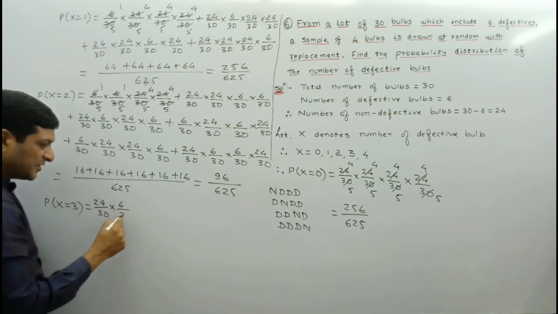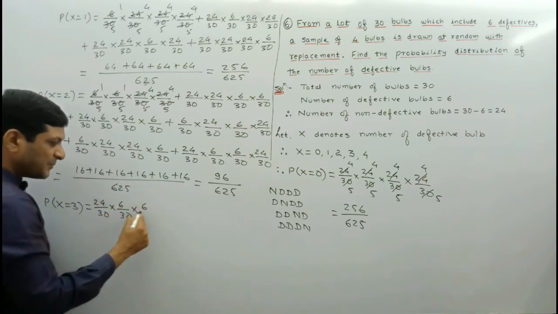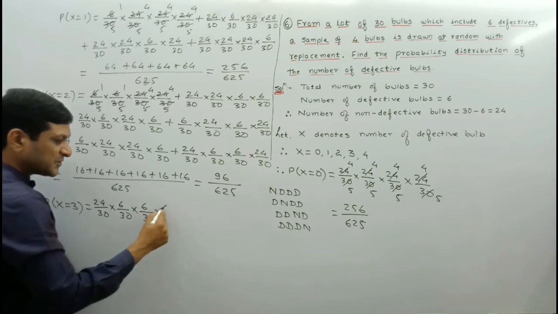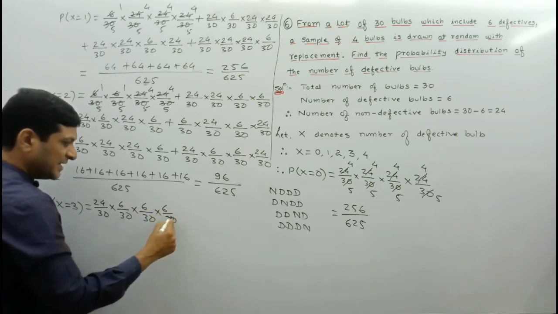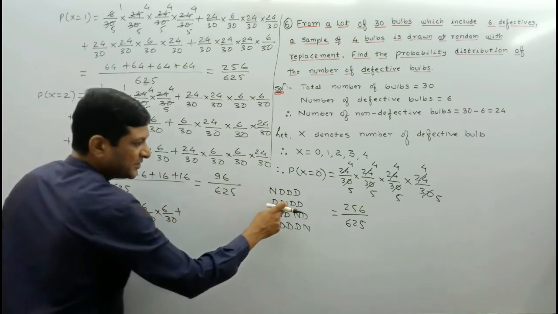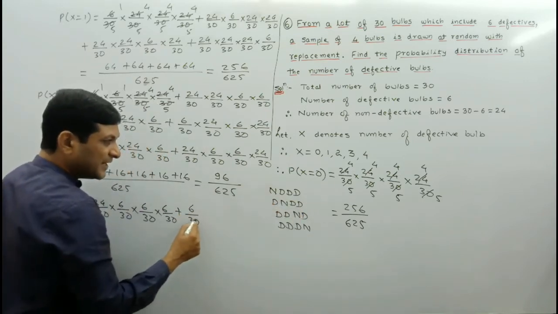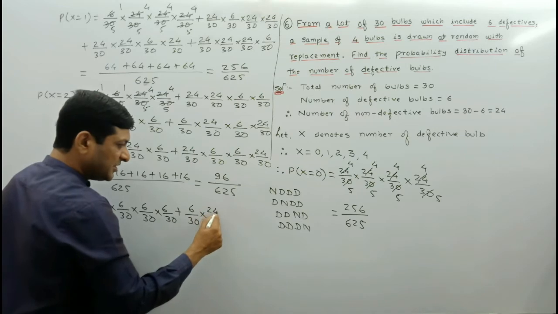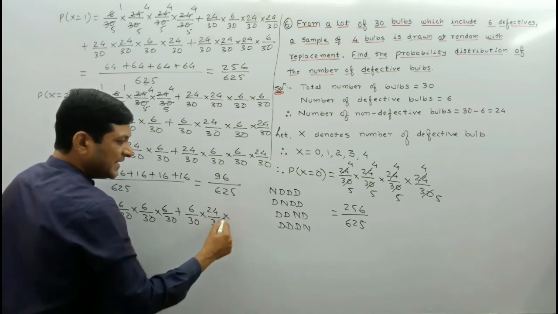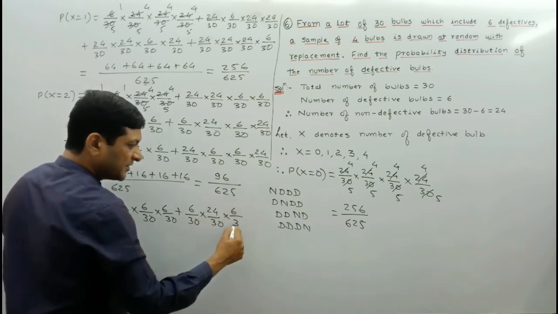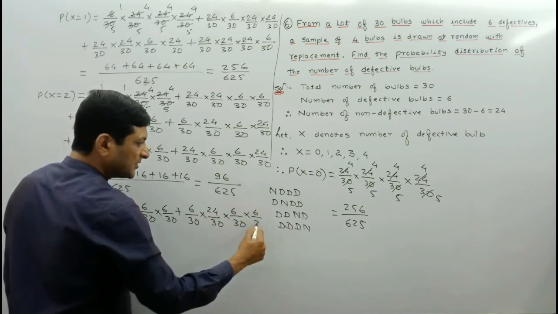Defective means 6 upon 30 into 6 upon 30 into 6 upon 30 plus, now defective, non-defective, defective, defective. Defective means 6 upon 30 into non-defective means 24 upon 30. Again defective means 6 upon 30 into 6 upon 30.